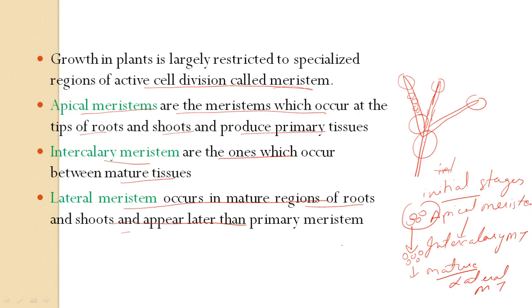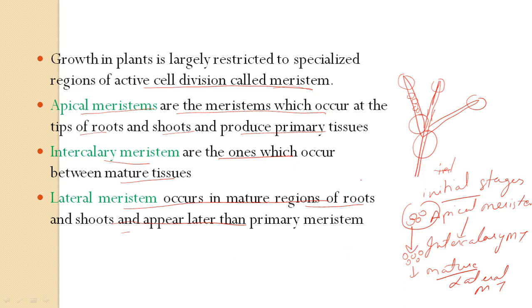So when a new cell is formed and that new cell arises from a group of cells, this group of cells is basically called apical meristematic. After some time, when another new cell is formed, the later one becomes an intercalary meristematic tissue, and after that, when it becomes mature, it attains the position of lateral meristematic.